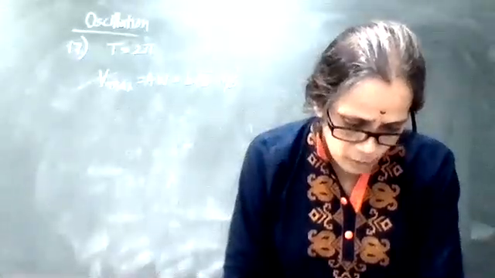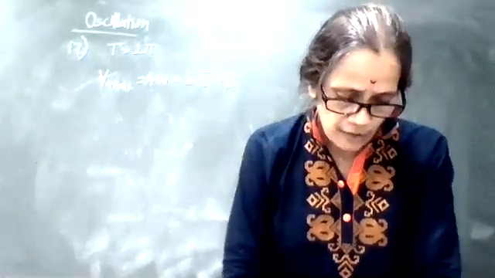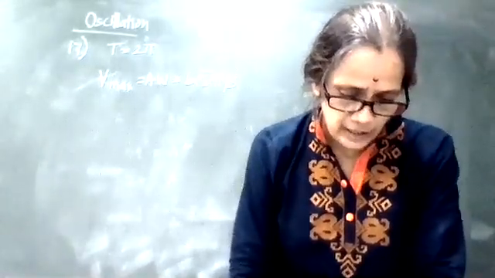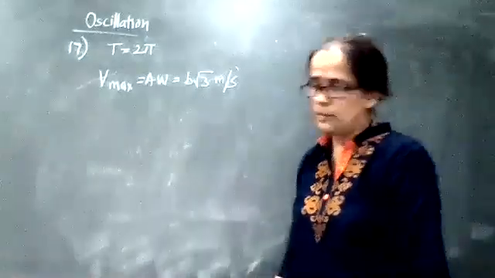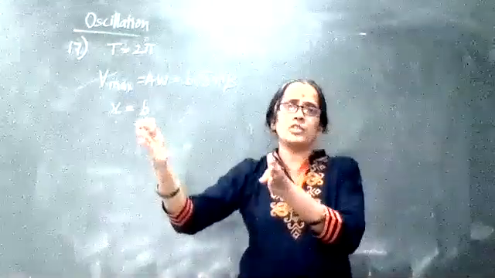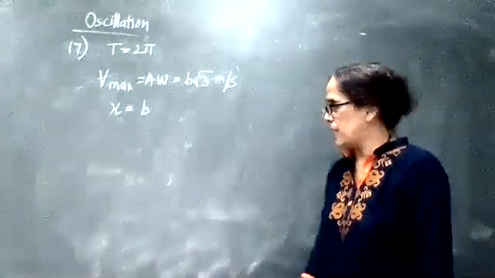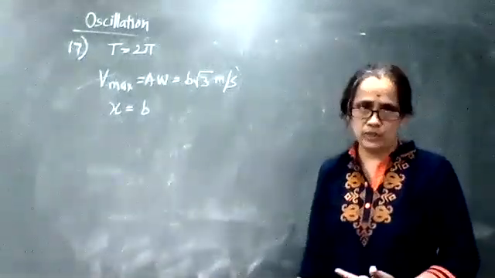If the particle is moving away from O, means the mean position, at that instant, find the time required by the particle to travel the further distance b. So how much time is required for that particle? That I want to find out.